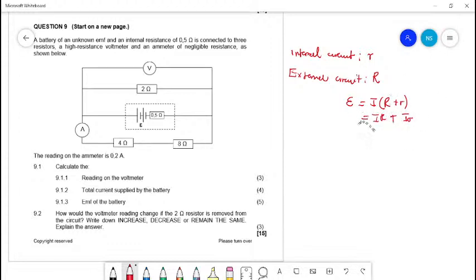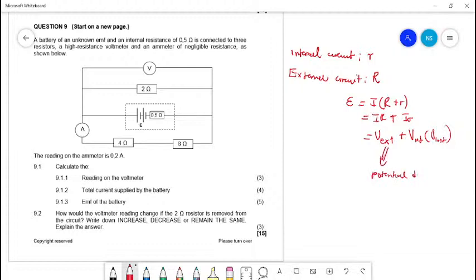IR is called the V external, the external voltage. And then we also have the internal voltage, which is sometimes called the V loss, the lost voltage.